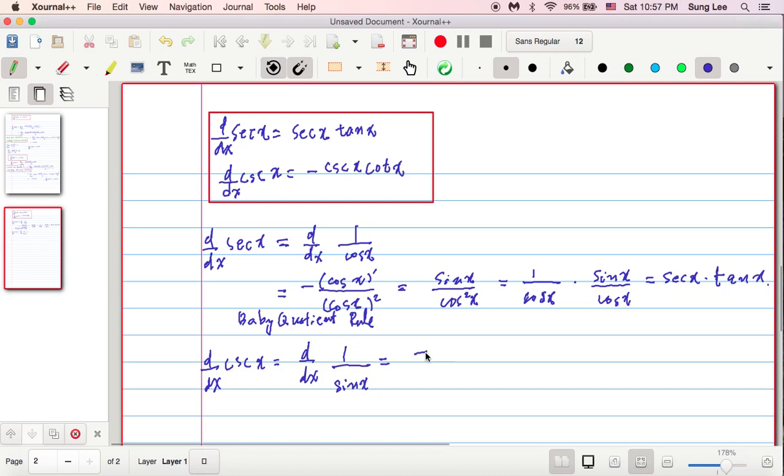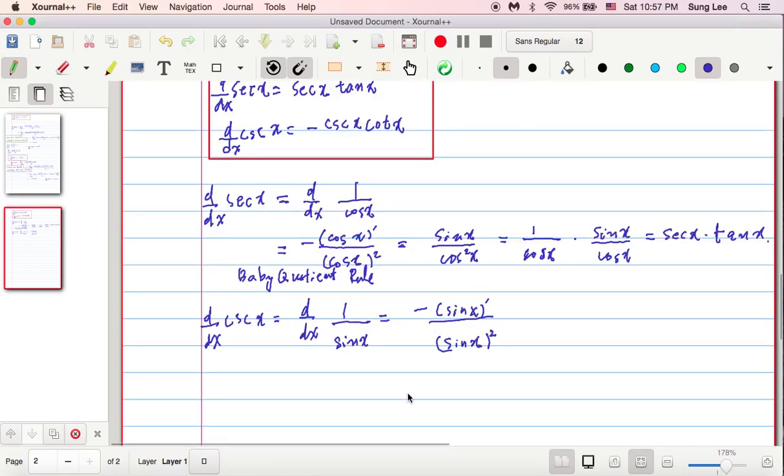So that's going to be negative sine of x prime over sine of x squared. Sine of x prime is cosine of x, so I have negative cosine of x over sine squared x.